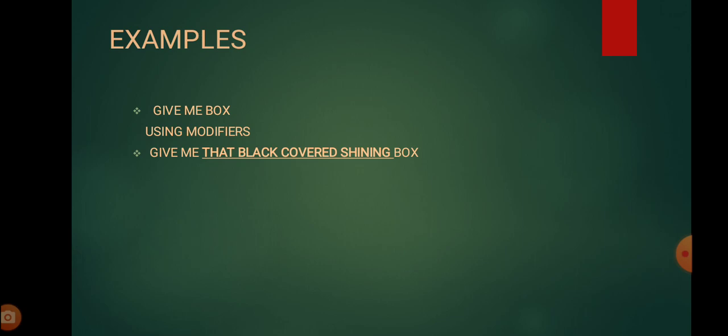So we can see that we have modifiers and they modify what? Box. Are we clear? So box is a what? It's a noun, a name of a thing. So we say that "the" is what? Demonstrative.